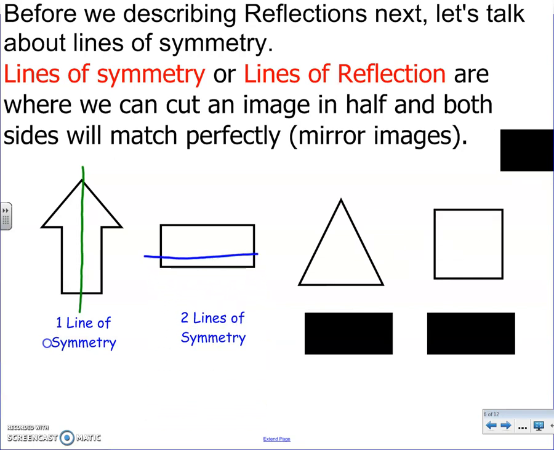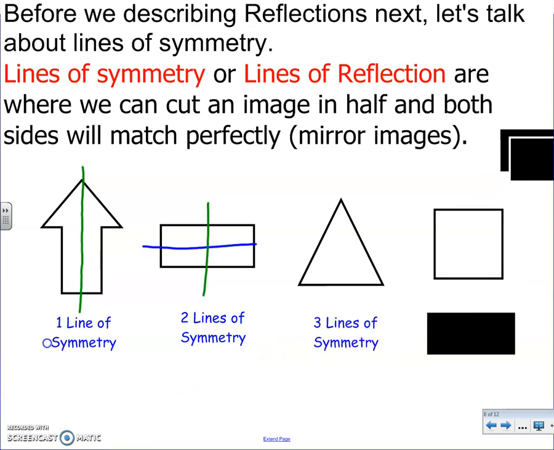All right, this next one, a rectangle, has two lines of symmetry. If I cut it directly sideways like this, I could fold it in half perfectly. I could also do it right here perfectly. But if I try this diagonal line, this will not work, because if I fold it over this, it's not going to match perfectly. So it only has two. Some people think it has more. An equilateral triangle has three.